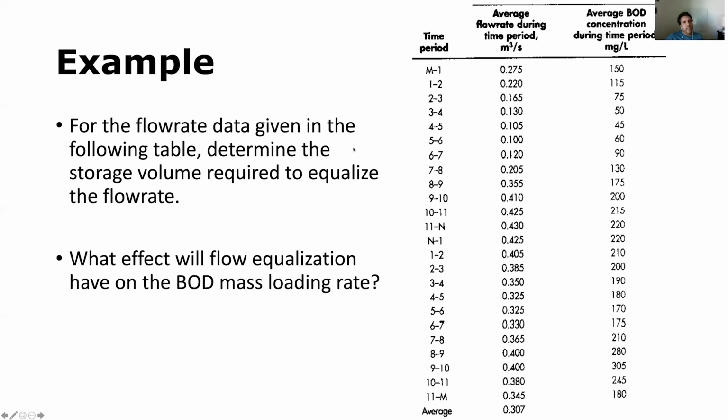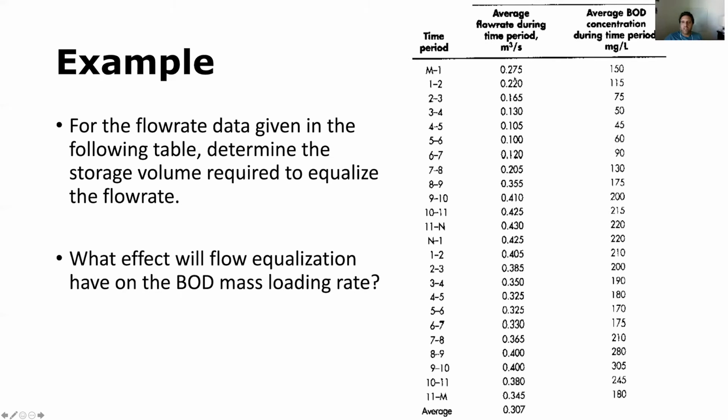All right, so for the flow rate data given in the following table, I want you to determine the storage volume required to equalize this flow rate. And then once you determine the required storage volume, find out what effect that flow equalization will have on the BOD mass loading rate coming into the treatment plant. So you've got the average flow rate during each time period, so midnight to 1 a.m., 1 a.m. to 2 a.m., 2 to 3, etc. And for each of these flow rates, you also have an average BOD concentration.